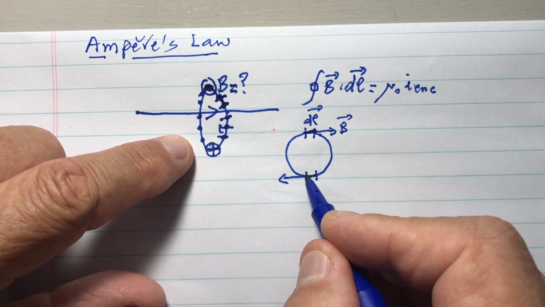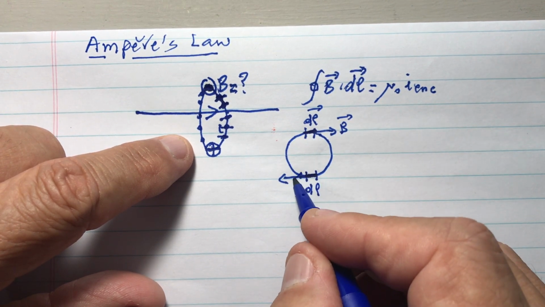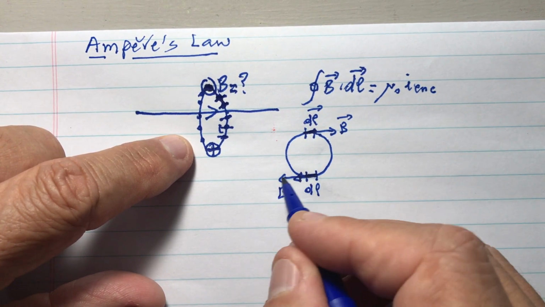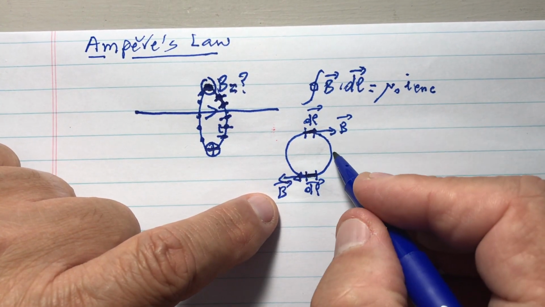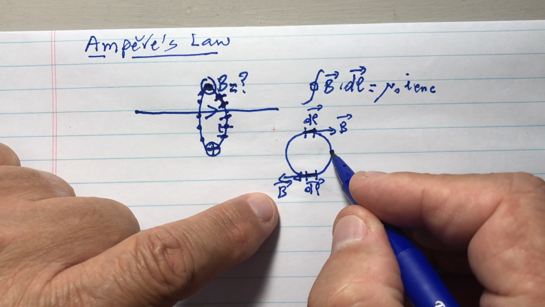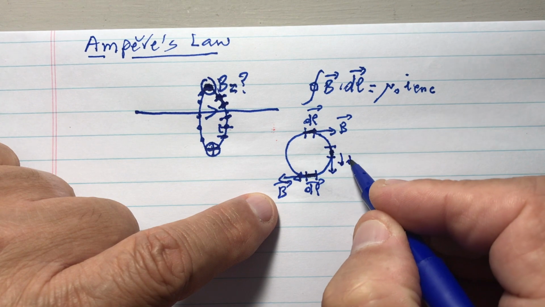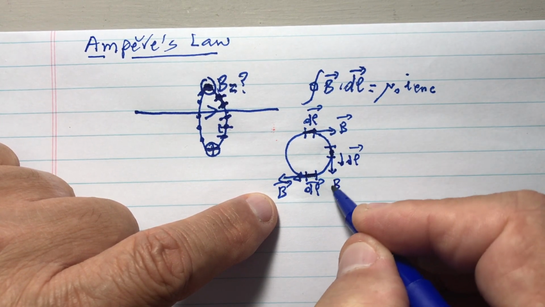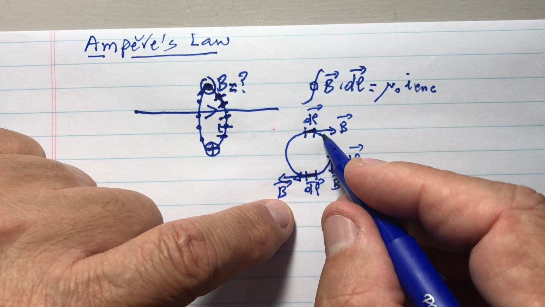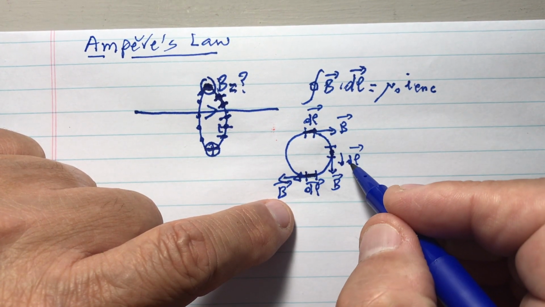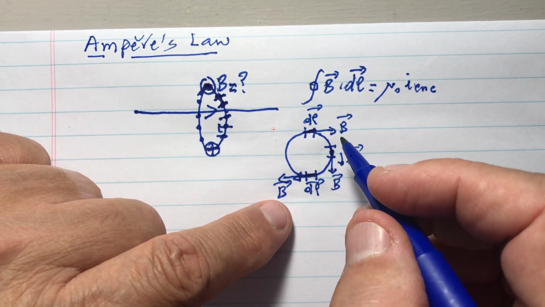Also at this location, dl is going this way and the B field is going this way, so dl and B are parallel. At each location on the loop, the B field and dl are parallel, so the angle between them is just 0.